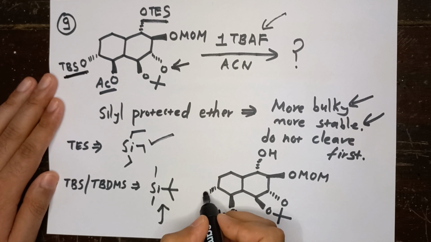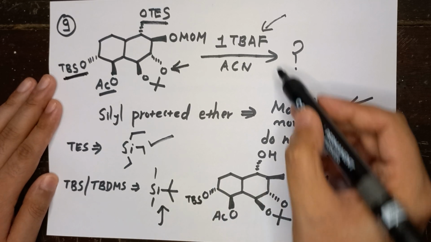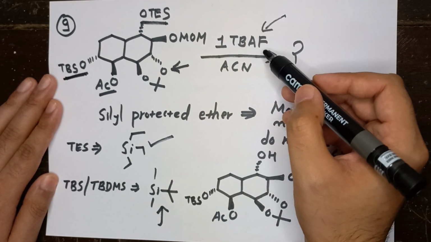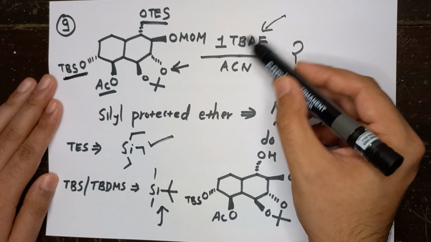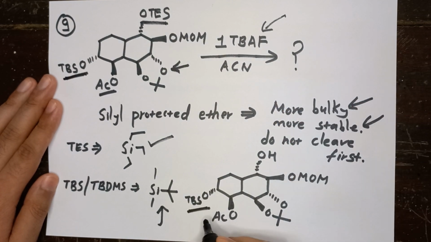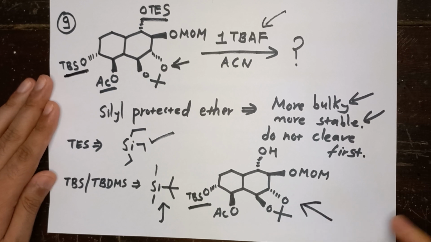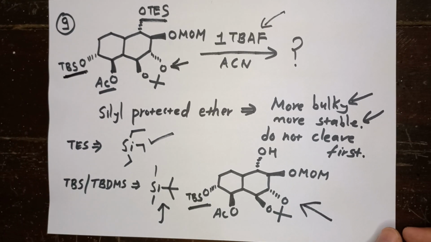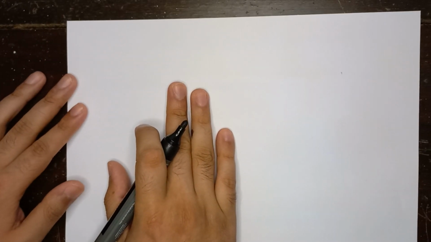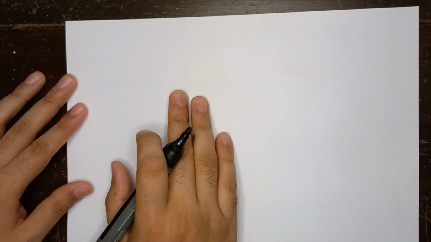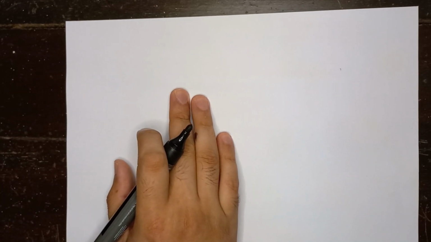And this will stay intact simply because this is bulkier and more stable, and also we have just one equivalent of TBAF. In case we have two equivalents, then we will convert this OTBS back into OH. So this is the product for this reaction. Okay, so let's solve more problems based on selective protection and deprotection.